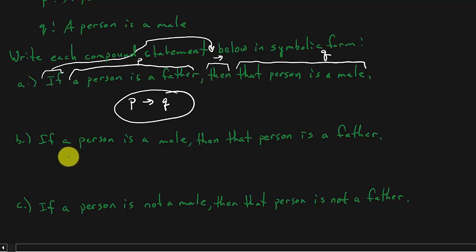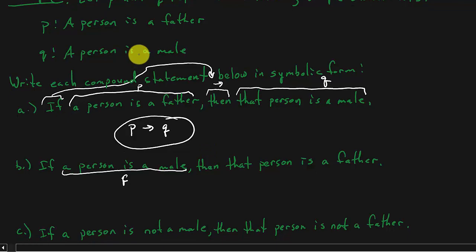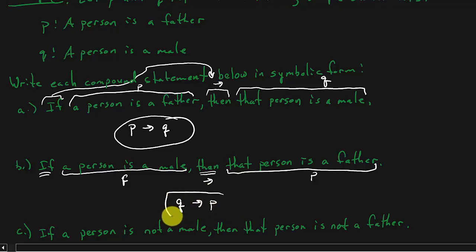Here we have a person is a male, so that's statement Q, from up here. That person is a father, that's statement P, and then the if and the then is represented by this symbol. So that would be Q, our symbol, P. So if Q then P is what that means.